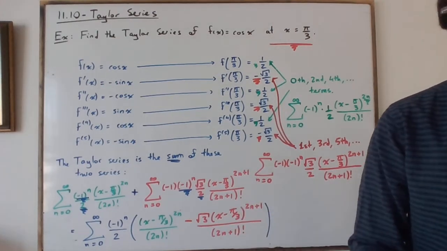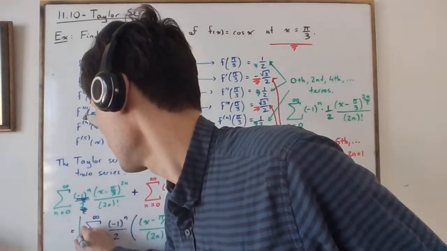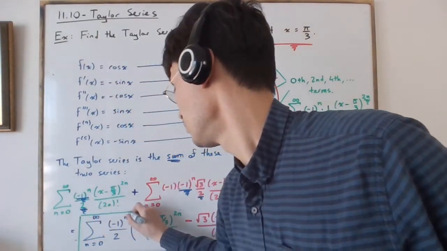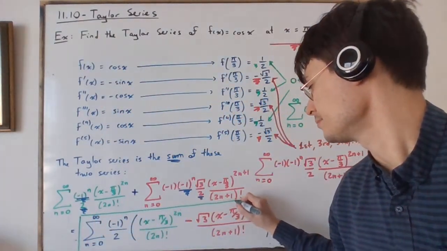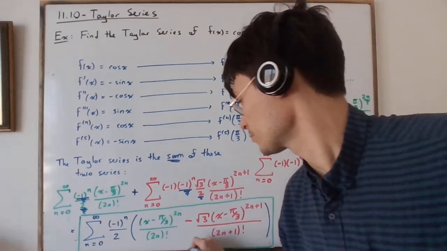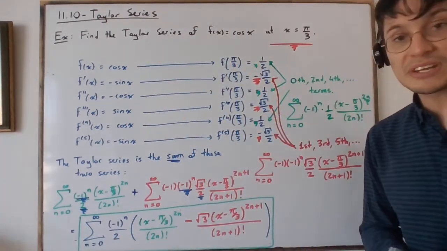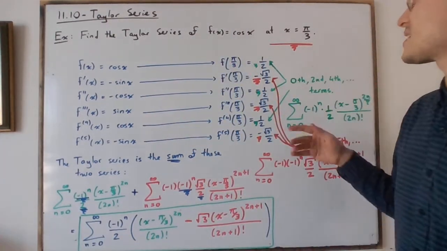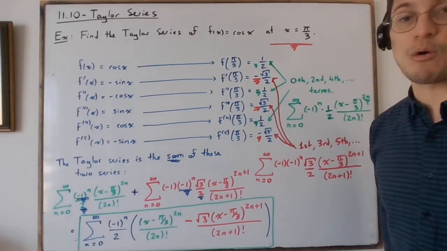So I'll frame this as my final answer. So this gives you the Taylor series of cosine of x at pi over 3.